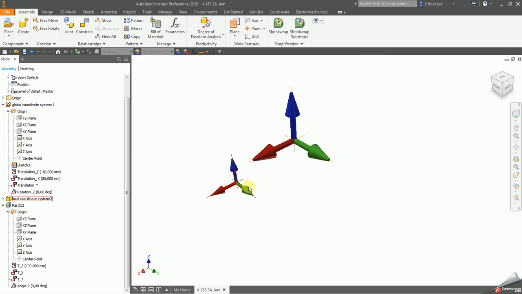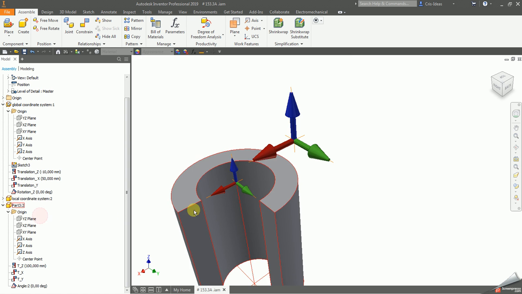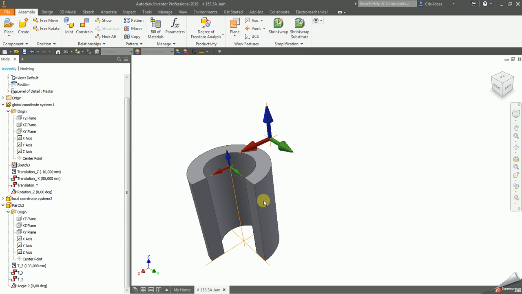So this is constrained to that, and we have a part that represents our geometry, and this part is constrained to the local coordinate system in a similar manner. This is translation about z of the local, translation about x of the local, and translation about y of the local. And this is the angle as before, rotation about z of the local coordinate system.